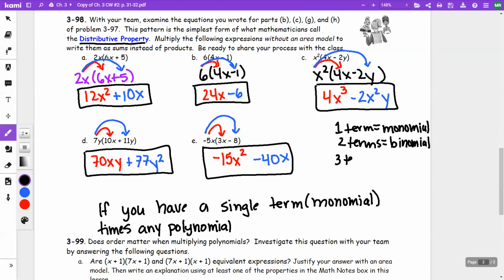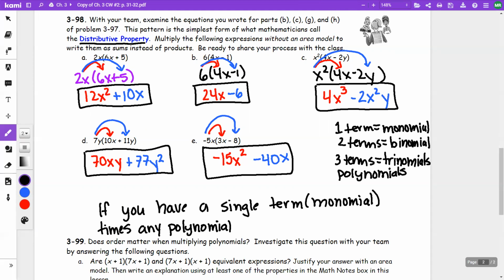Three terms, we call it a trinomial. And we don't really usually have special names for anything beyond that. We just call them polynomials of so many terms, okay? But all of these are considered polynomials.